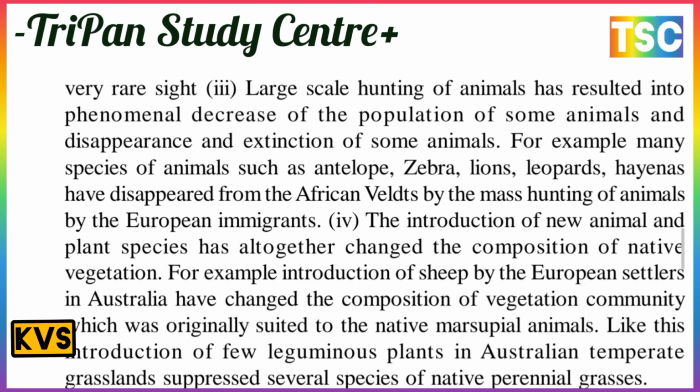For example, the introduction of sheep by European settlers in Australia changed the composition of vegetation communities, with the introduction of a few leguminous plants, and the Australian temperate grassland lost several species of native perennial grass.